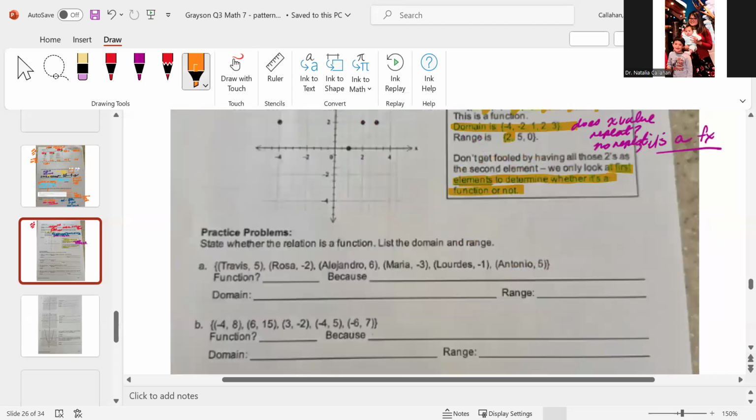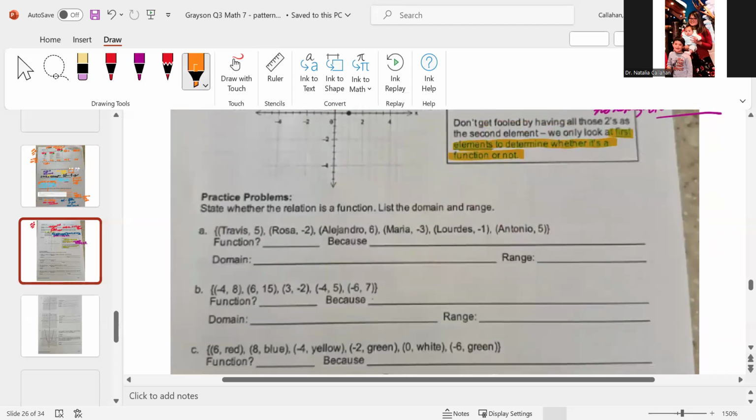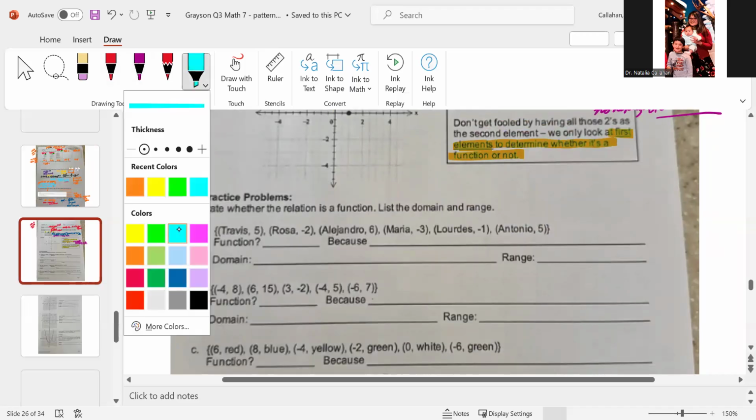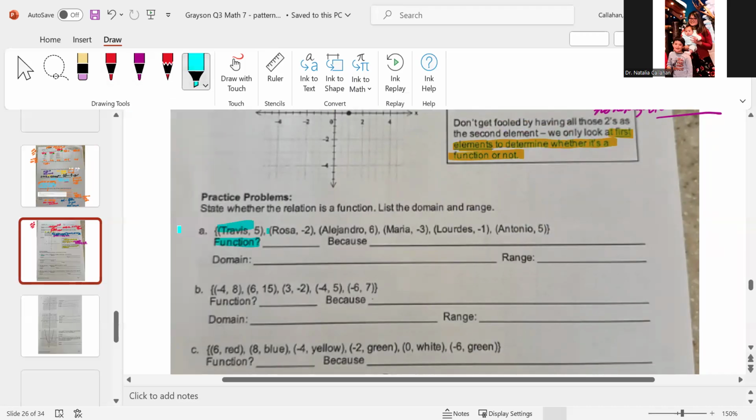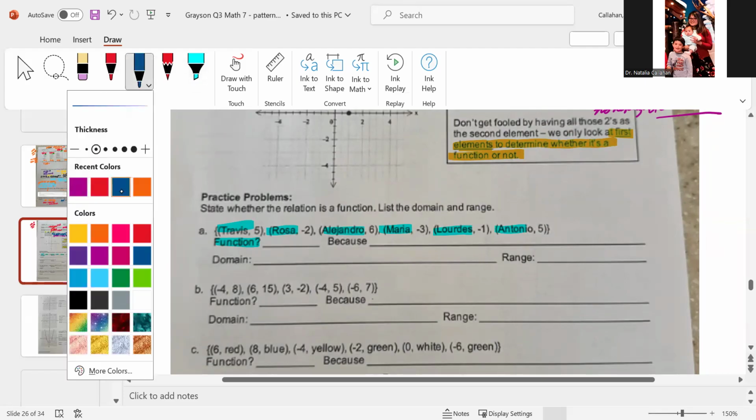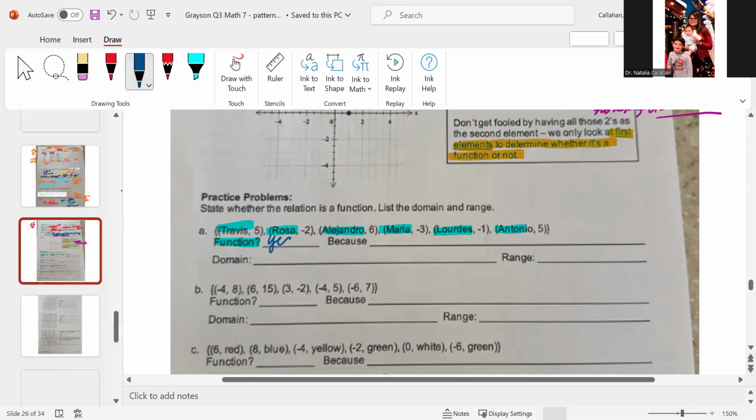Okay? Say whether the relation is a function, then list the domain and range. When we look at the X value, Travis, Rosa, Alejandro, Maria, Lourdes, Antonio, does any of the names repeat? So is it a function? Yes, because none of the first names repeated.